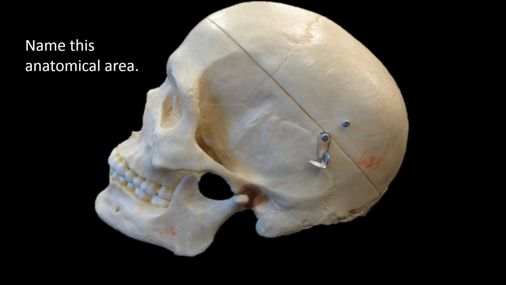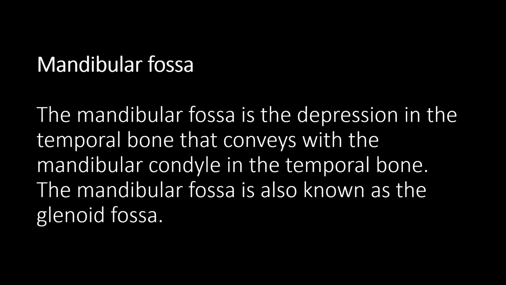Name this anatomical area. Mandibular fossa. The mandibular fossa is the depression in the temporal bone that articulates with the mandibular condyle. The mandibular fossa is also known as the glenoid fossa.